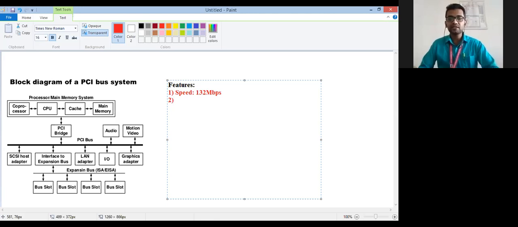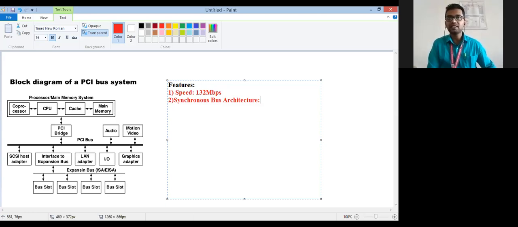Then our next feature is the synchronous bus architecture. PCI is a synchronous bus where the data transfer takes place according to the system clock.